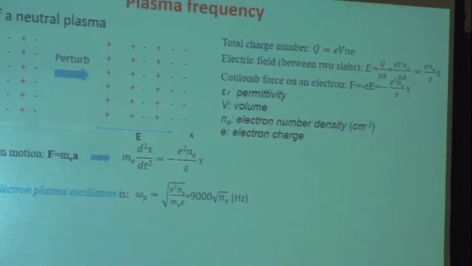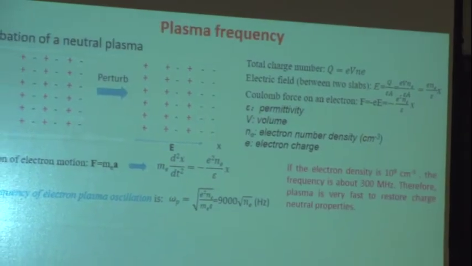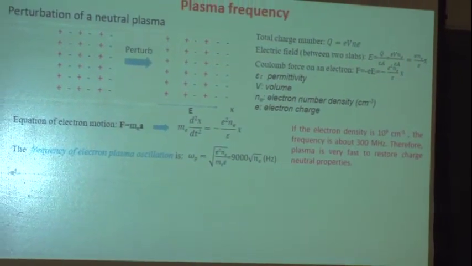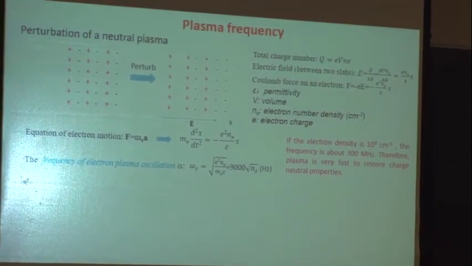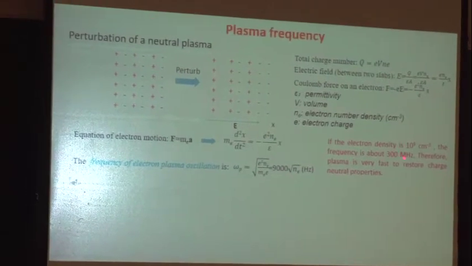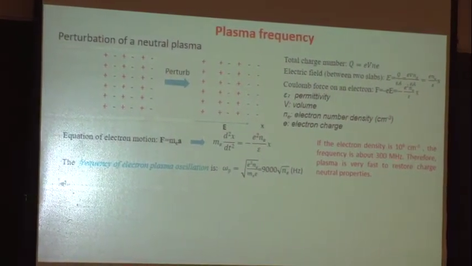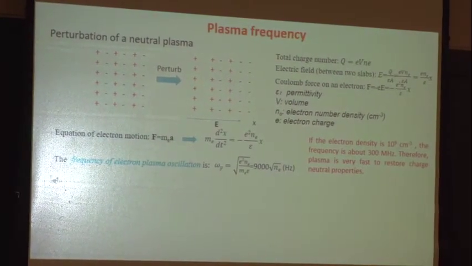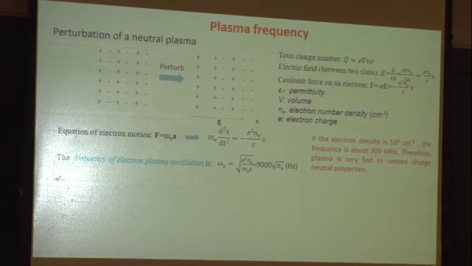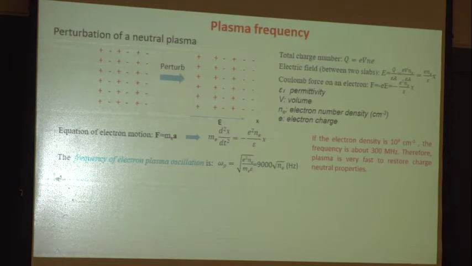As an estimate, if the electron number density is 10 to the 9th per cubic centimeter, which is really low, you put this number in and the frequency is about 300 megahertz. 300 megahertz is the plasma frequency. If the frequency is higher than that, they cannot respond to you. If below that, they can always respond to you, right?